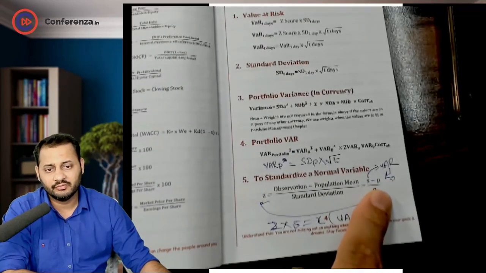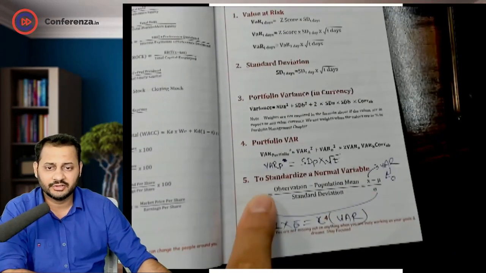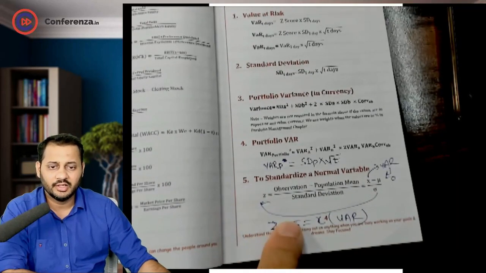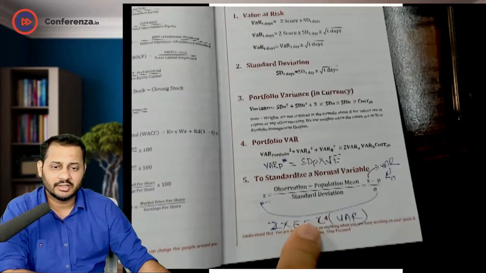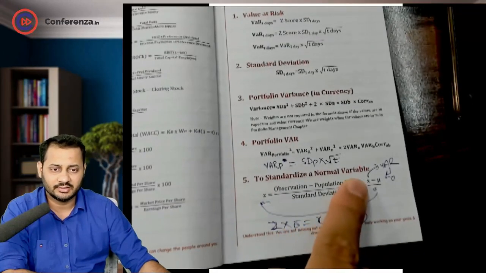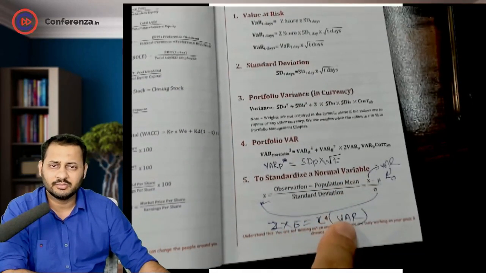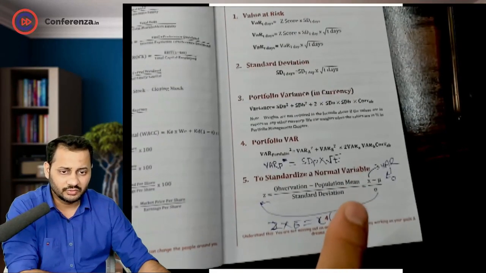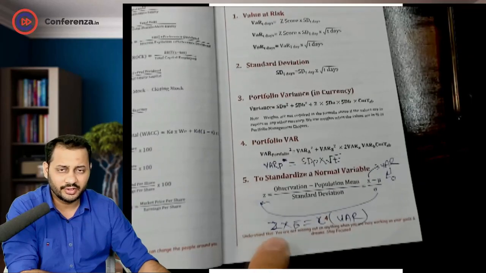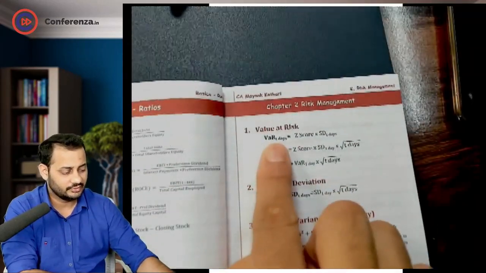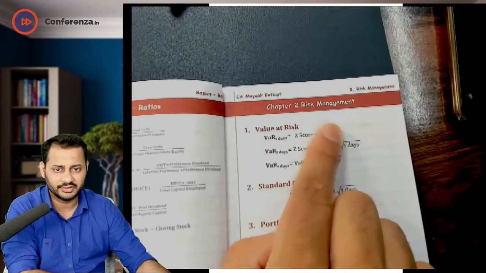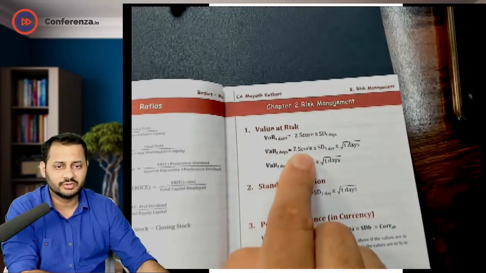And once you transfer this standard deviation to this side, it will look like this: z-score into standard deviation is equal to x, and x is nothing but the VAR. Okay, right? So this is what we learn. So VAR is equal to z-score into standard deviation.